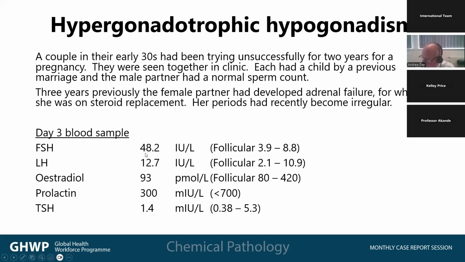So you'll notice that she has a raised FSH with a smaller elevation, but nevertheless a high level of LH with a low estradiol. She had a normal prolactin and a normal TSH, excluding those two as issues.